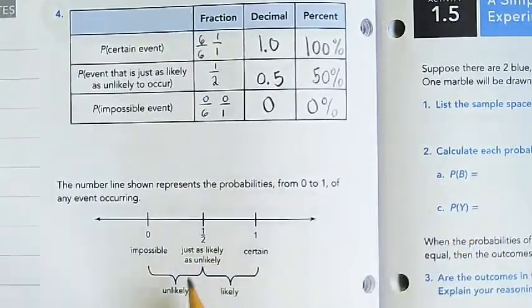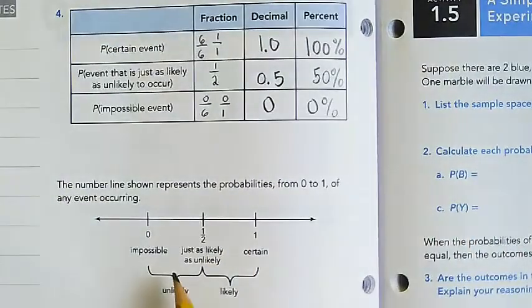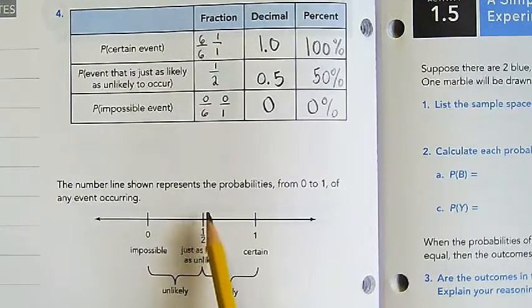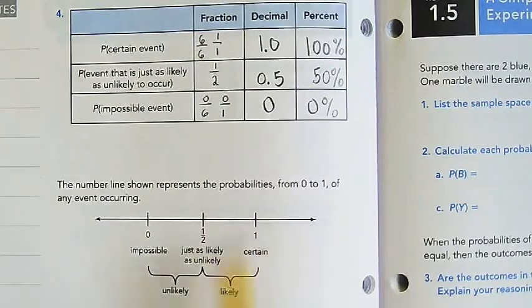The number line down below represents the probability from 0 to 1 of an event.